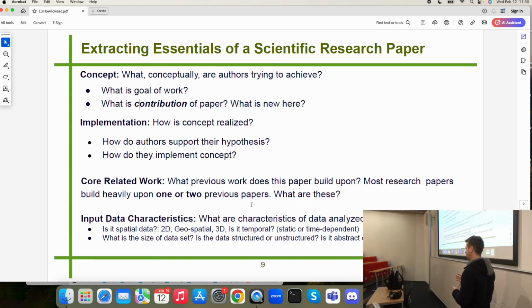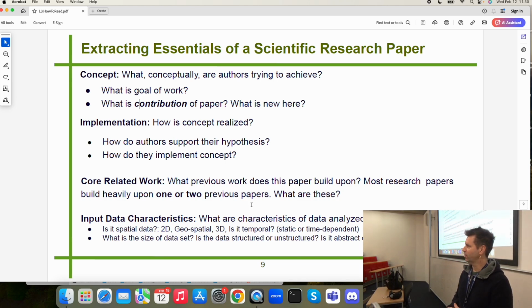So usually, 99% of the time, a research paper, an implementation has input data. And then the question is, what are the characteristics of that input data? This is especially true in artificial intelligence, right? In machine learning, you have training data and testing data. But it's very true in other fields too, like human-computer interaction, data visualization.